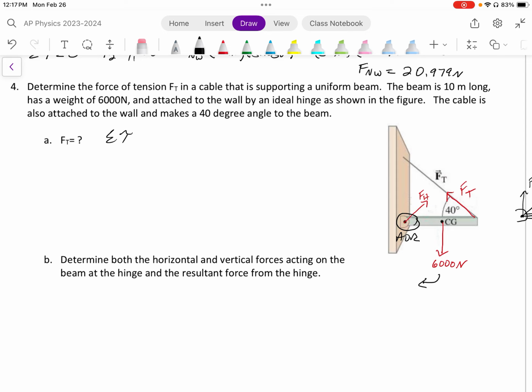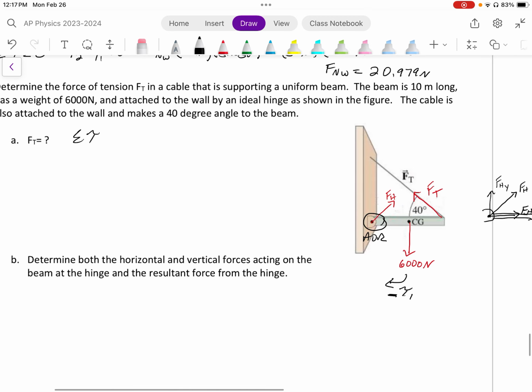Now this 6,000 newtons, I'll call that torque 1, is going to create a counterclockwise rotation, and so that'll be a negative torque. This force of tension, I'll call that torque 2, is going to try to rotate counterclockwise, so it'll be positive. So the sum of all the torques is equal to 0. So I will say torque 2 minus torque 1 equals 0.